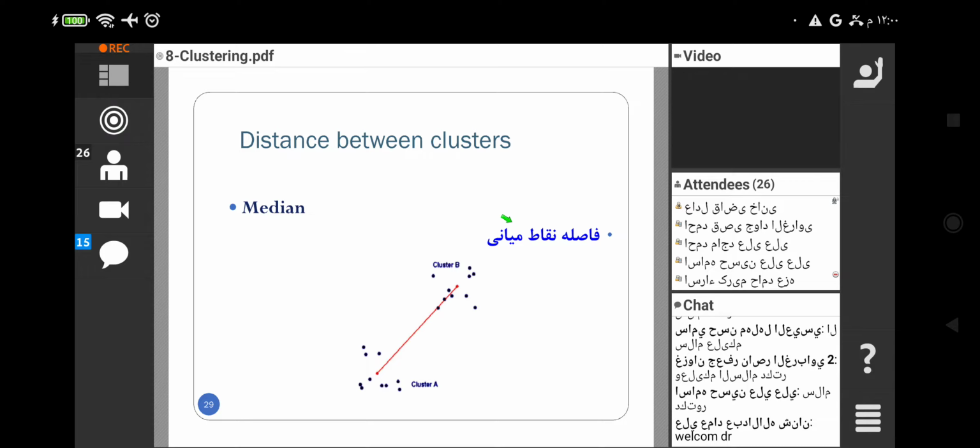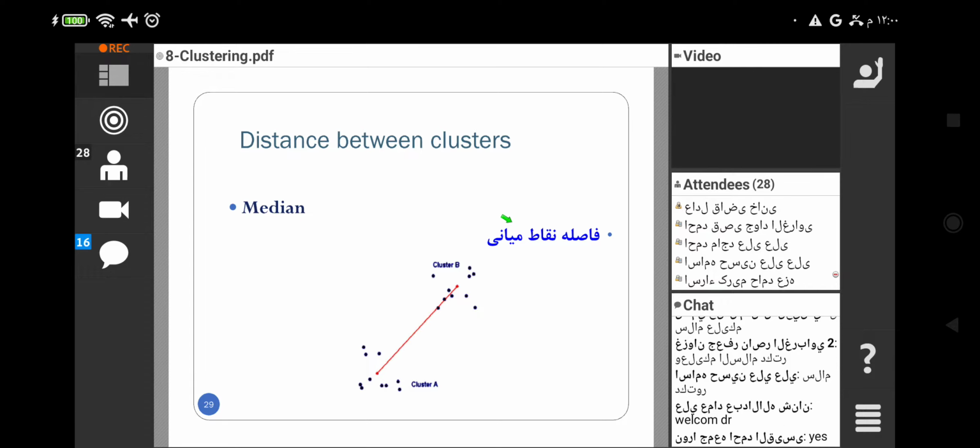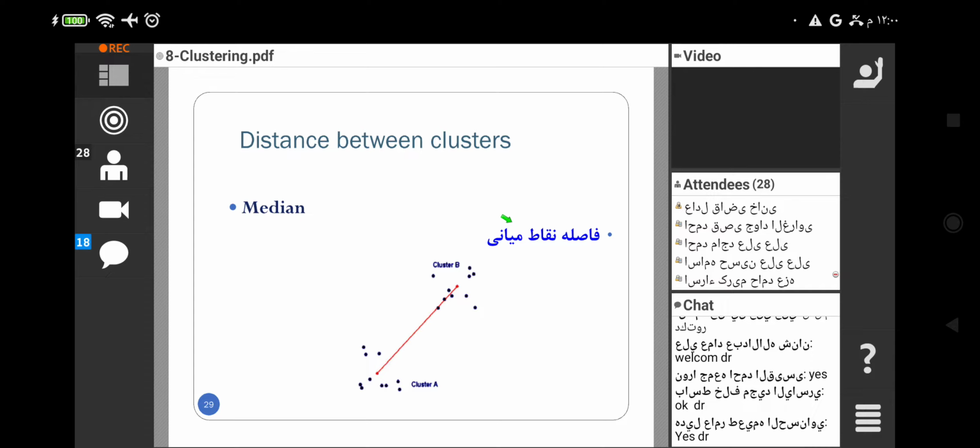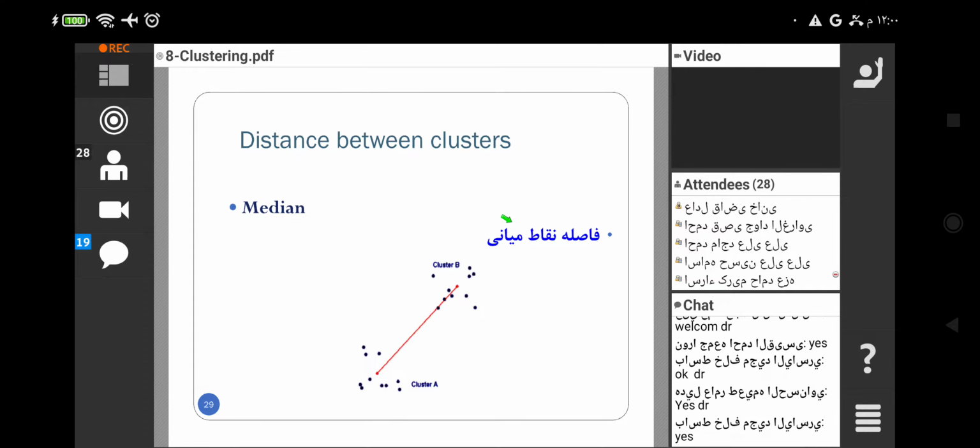In the video, did I talk about any example on this hierarchical clustering? Did you see the video? I didn't talk about an example of this hierarchical clustering.